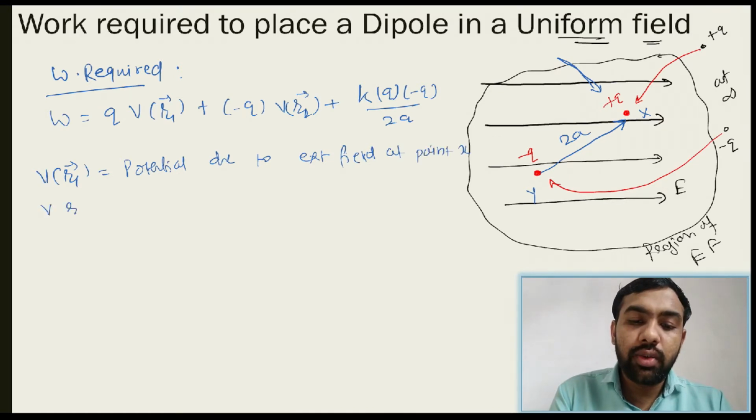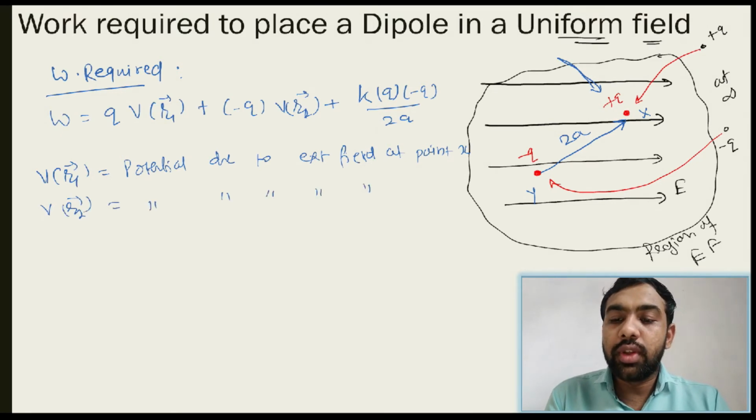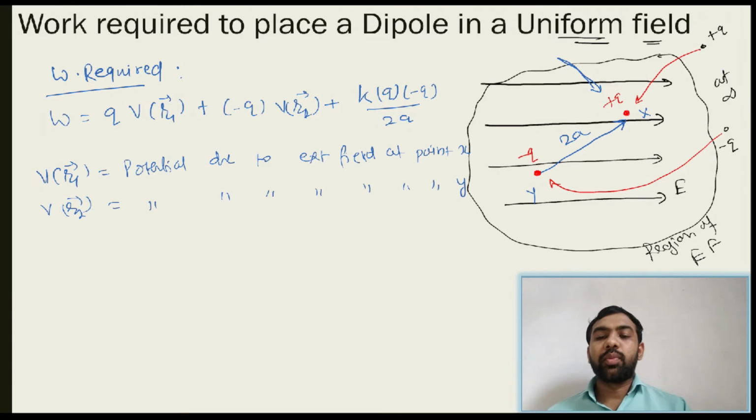And what is V of r2? V of r2 is the potential due to the external field at point y. r1 means the position vector of x and r2 means the position vector of y. So you just give these names.